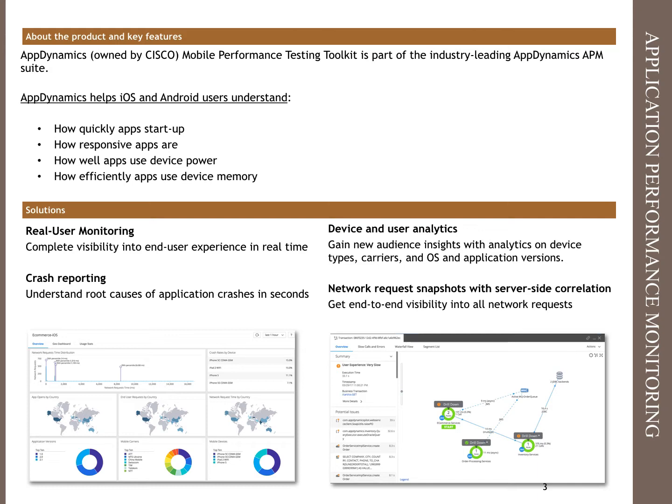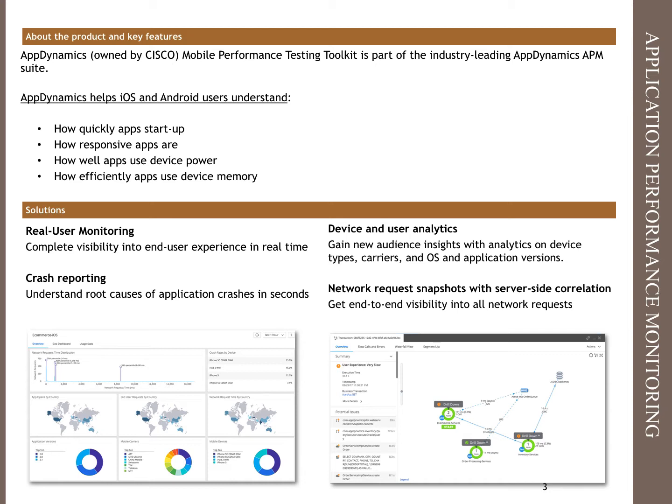AppDynamics helps iOS and Android users understand certain performance features related to their apps. How quickly the apps start up, how responsive the apps are to your commands, voice, tap, touch, shake, whatever.